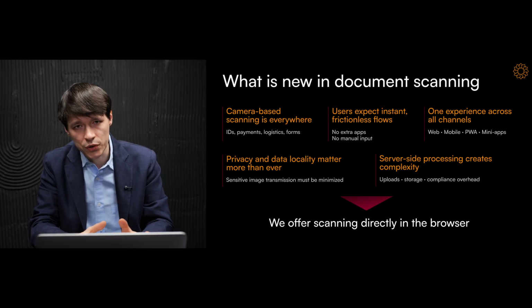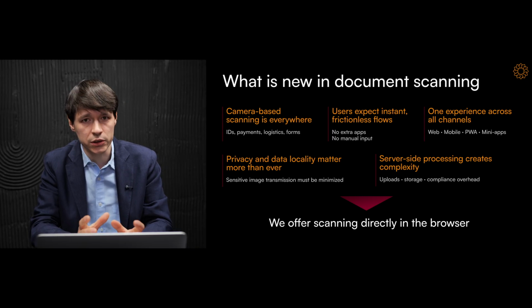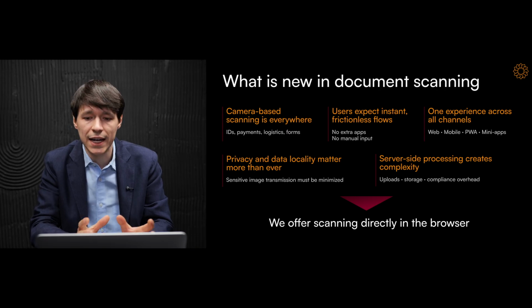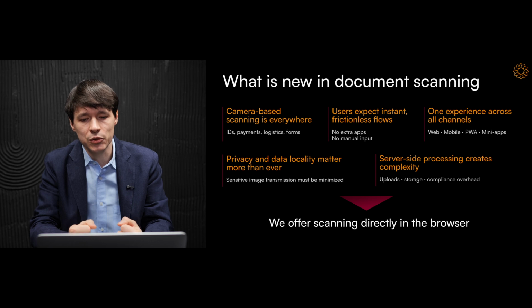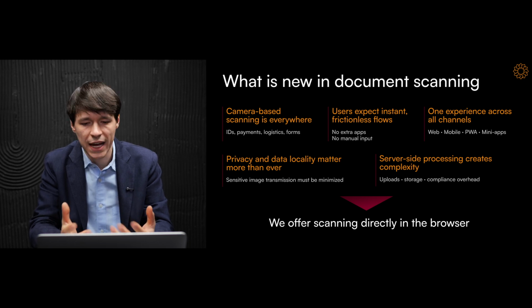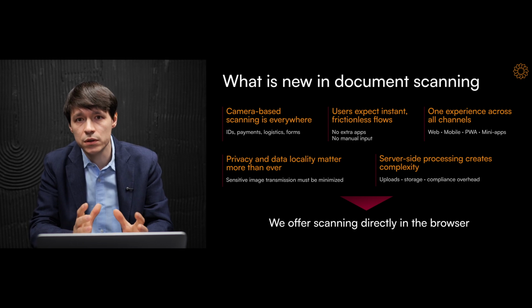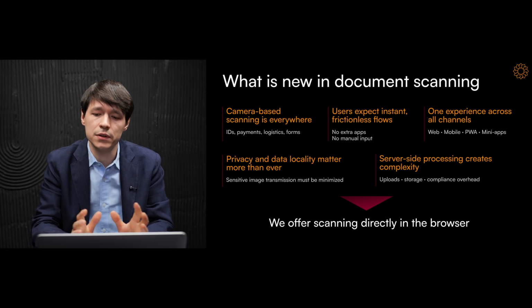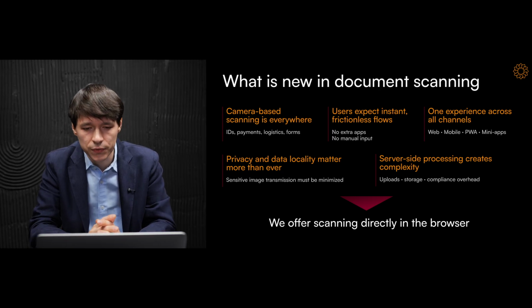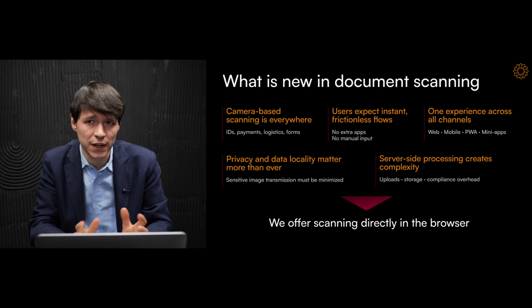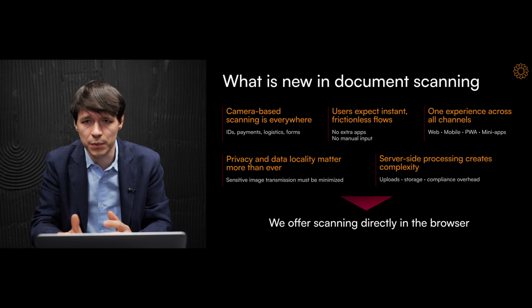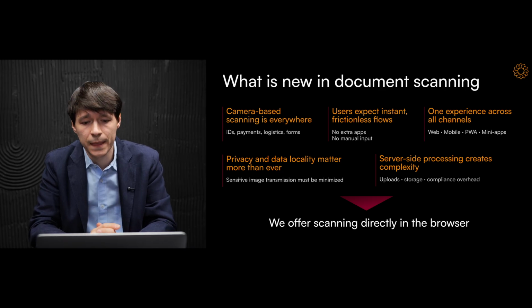But the heavy processing, like OCR, like document analysis, like computer vision, happens on a remote backend. This means that images must be uploaded. They have to be stored temporarily, transferred, and processed under a set of compliance controls. And these compliance controls vary from region to region, from country to country, from provider to provider.